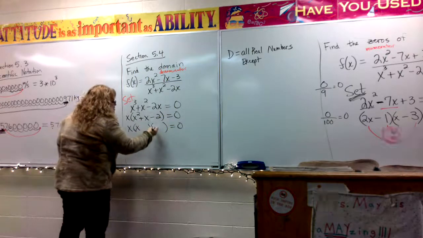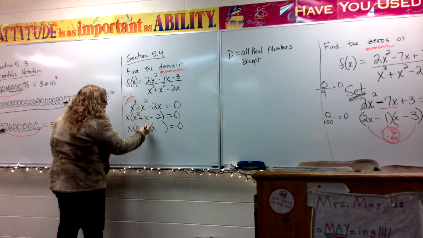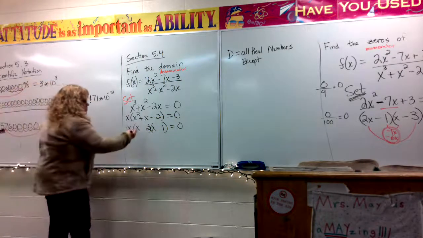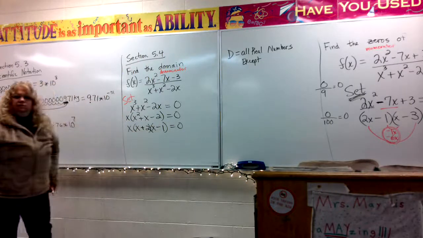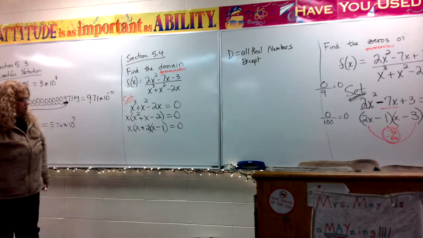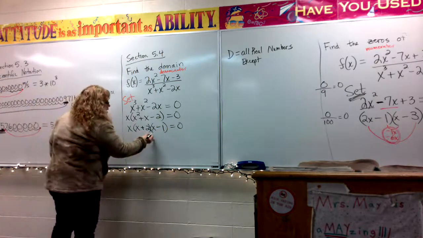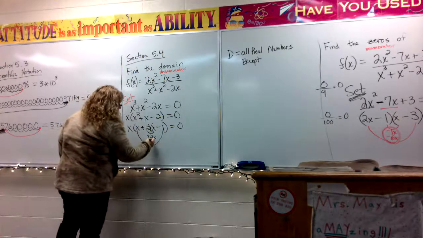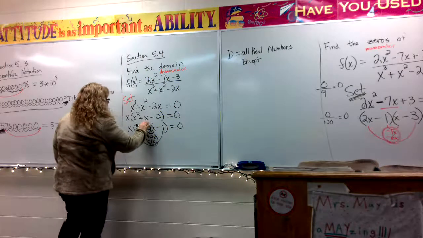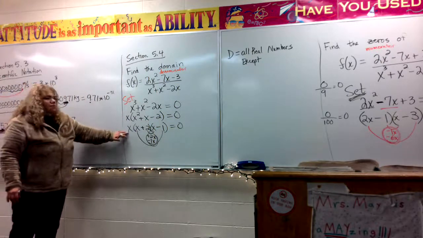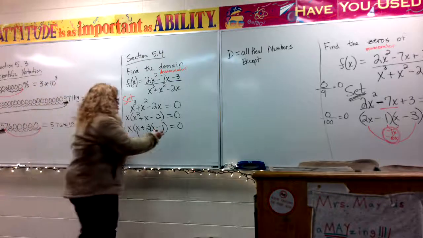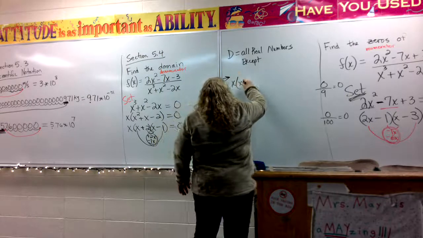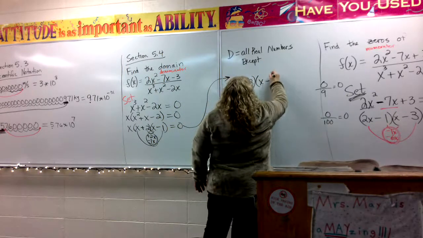Well, in scientific notation, you take that decimal and you move it so that you have one digit to the left of the decimal, and then it's times 10 to some power. The way you figure out the power is, how many places did I have to move that decimal? 1, 2, 3, 4, 5, 6, 7, 8 places. So I would write it as 3 times 10 to the 8th.